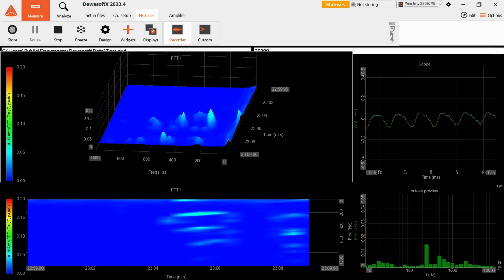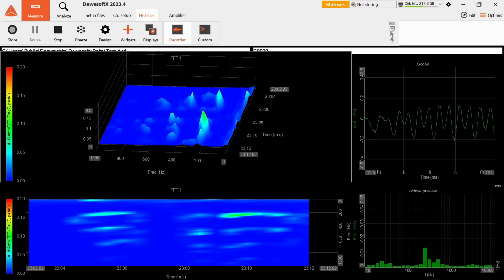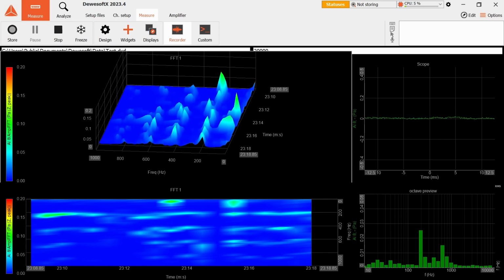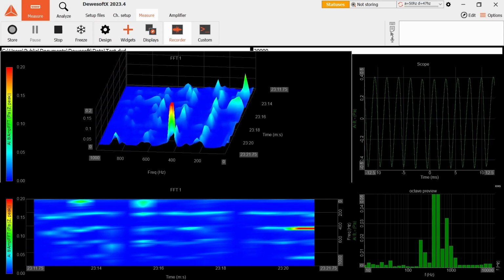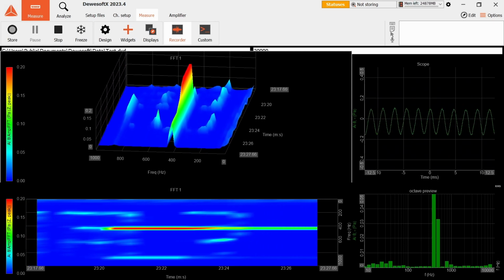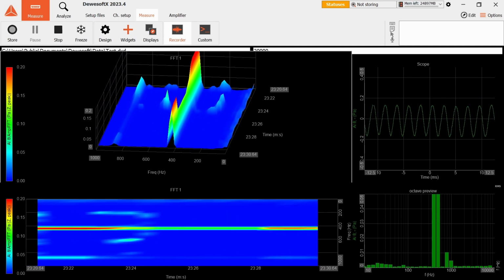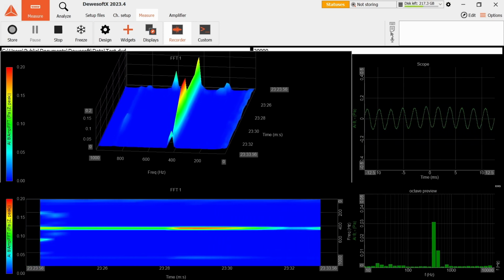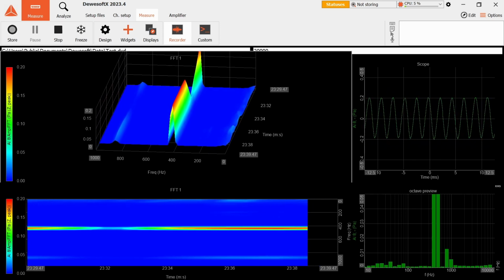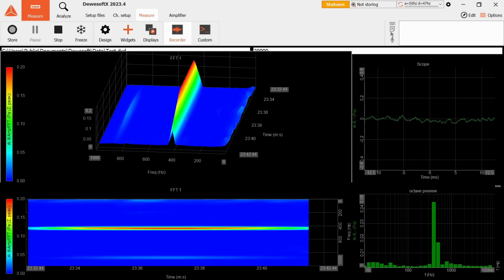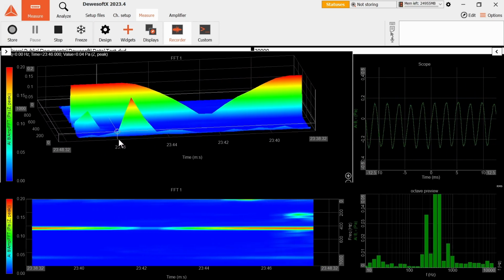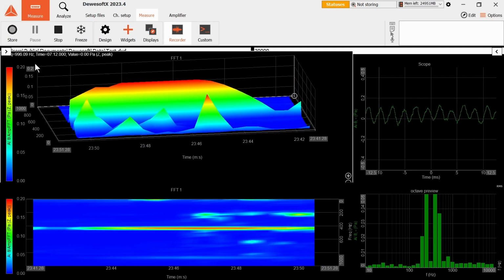Well, one last interesting thing we could see, if we split one at 440 hertz and the other at 440.1 hertz and play them both at the same time and lower the volume, what we can see is that the volume increases and decreases.